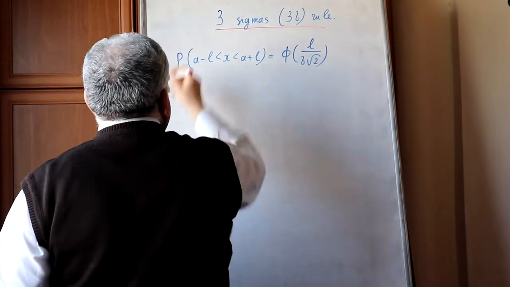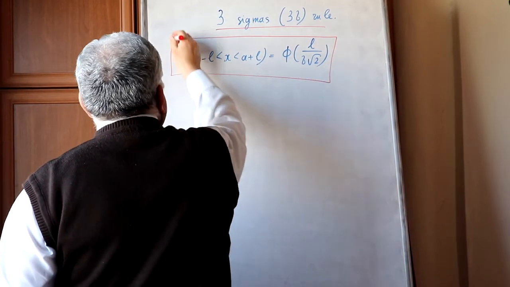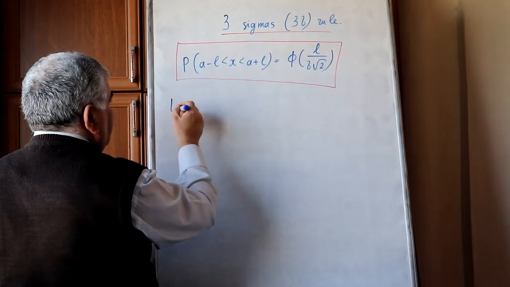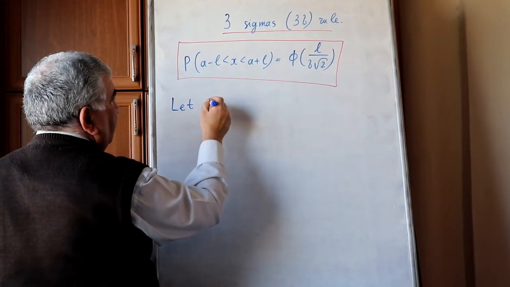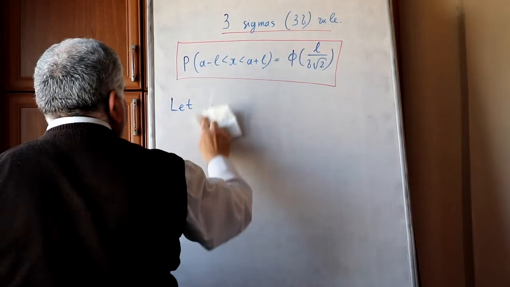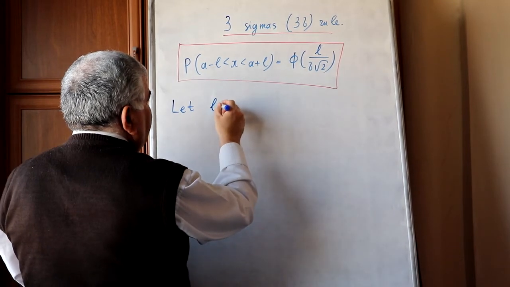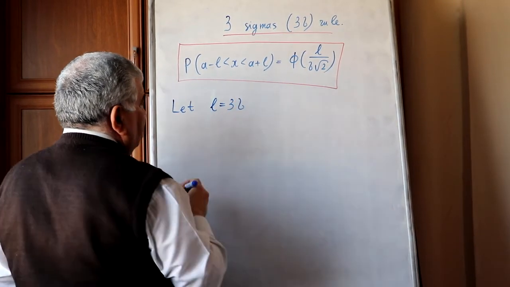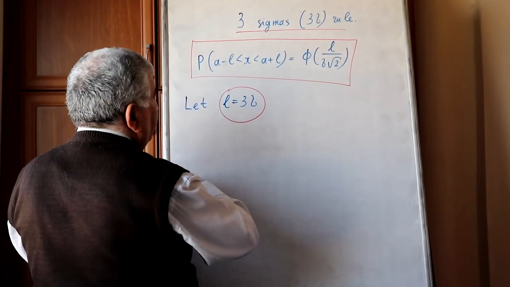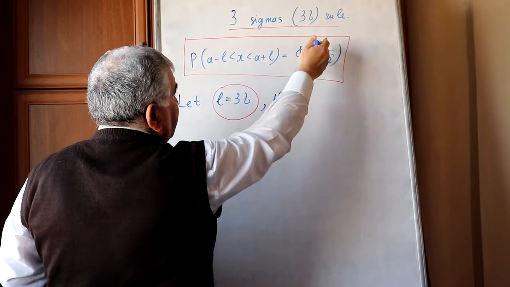Then substitute 3 sigma instead of L. Let L be 3 sigma. Then substitute 3 sigma instead of L in this formula.